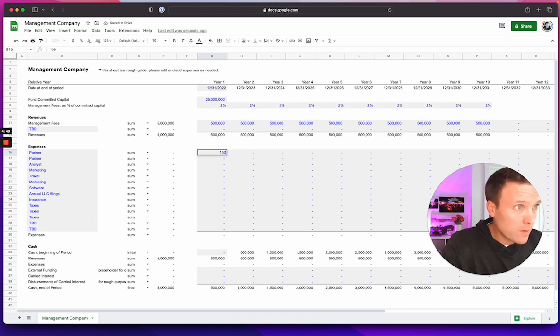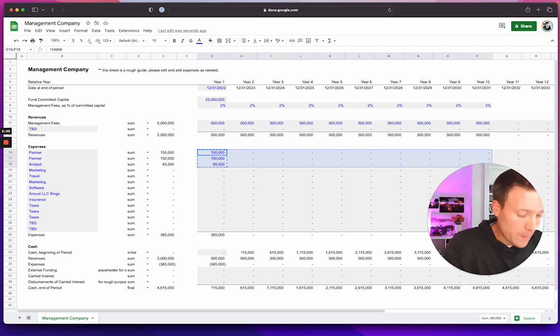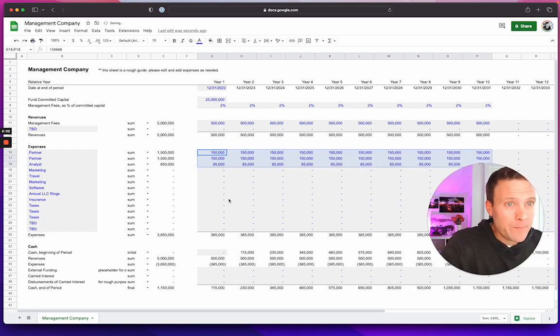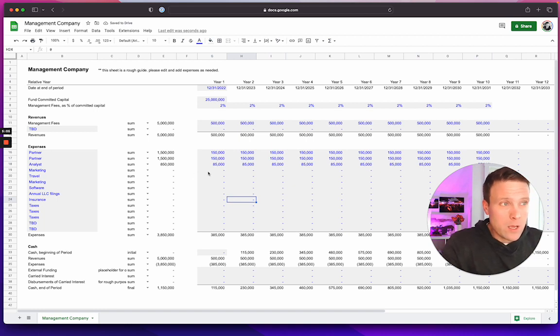And then I'm just going to take these and phase them across the time period. And then other expenses are what you expect. Whatever you're paying for general liability business insurance, whatever you're paying for key man insurance, whatever you're paying for annual LLC filings or whatever business filings are associated with the entity, marketing costs you're paying, travel costs, those sort of things.